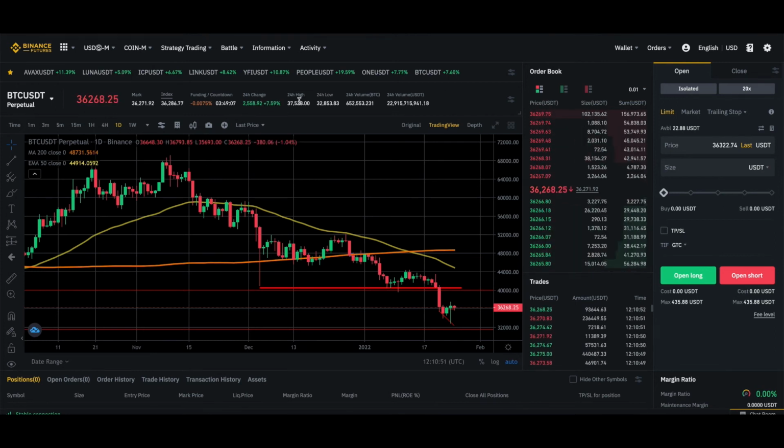Other than that, all the information that you see at the top is the same, and we have the same TradingView information here. We've got your order book again as normal, and the trades down here, but then it gets a little bit different around here.